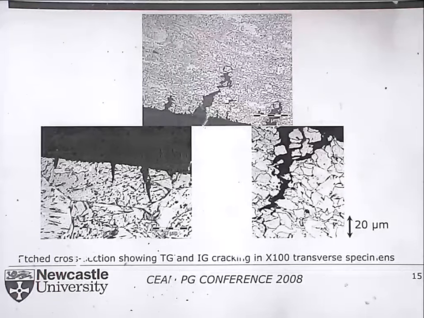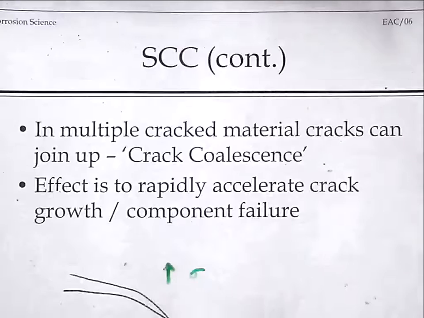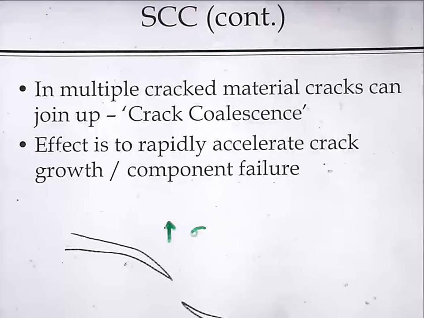So what we've got here is a sketch of a bulk material, a couple of cracks growing in from either side. This is the stress at right angles to the loading direction, and as the cracks begin to pass each other, they actually sense each other's stress field and turn in and begin to move towards each other, even though they're no longer growing at right angles to the stress field, and they will actually join up.